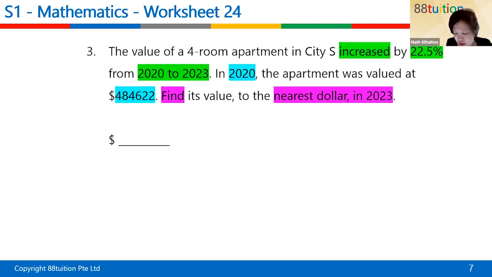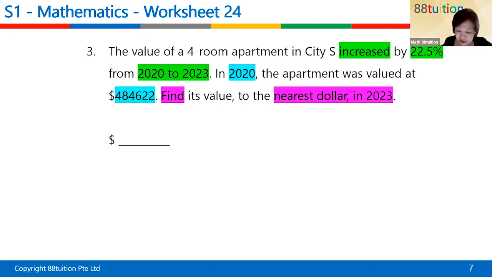Find the value to the nearest dollar in 2023. Now, in your younger days, I mean the younger days as in last year when you were in P6, P5, you were used to drawing models to show this understanding. Of course you can still use it back. It is not an issue.